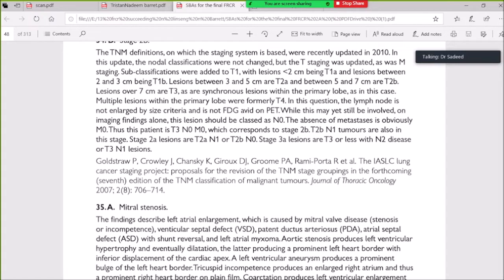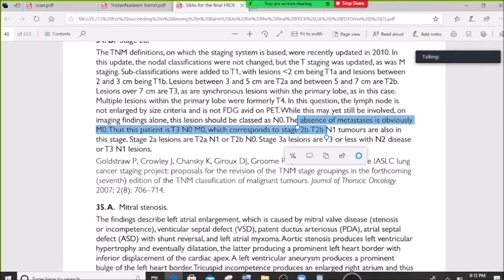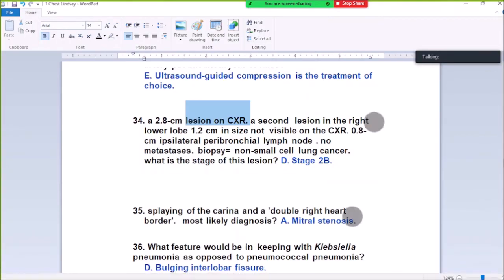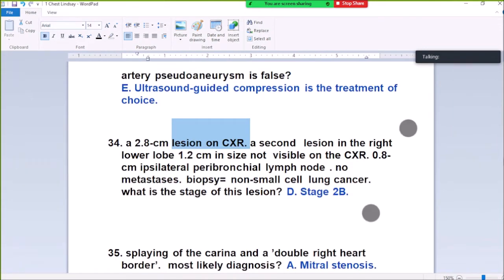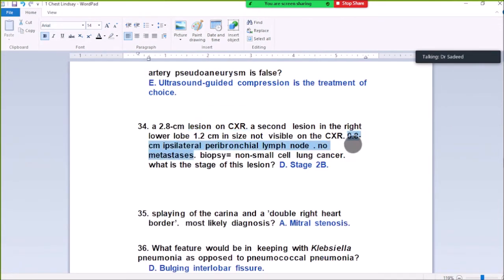Because the 1.2 cm lesion is in the lateral lobe, no metastasis is seen, and there are two lesions in the lung, most likely the stage is 2B.